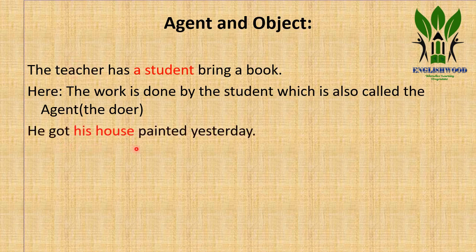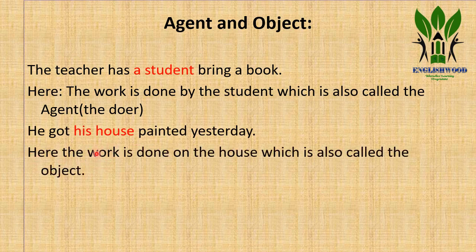He got his house painted yesterday. Now here the work is done on the house, which is called the object. Because of this causative verb, the work happens on something. So you have to remember agent and object in these types of sentences.